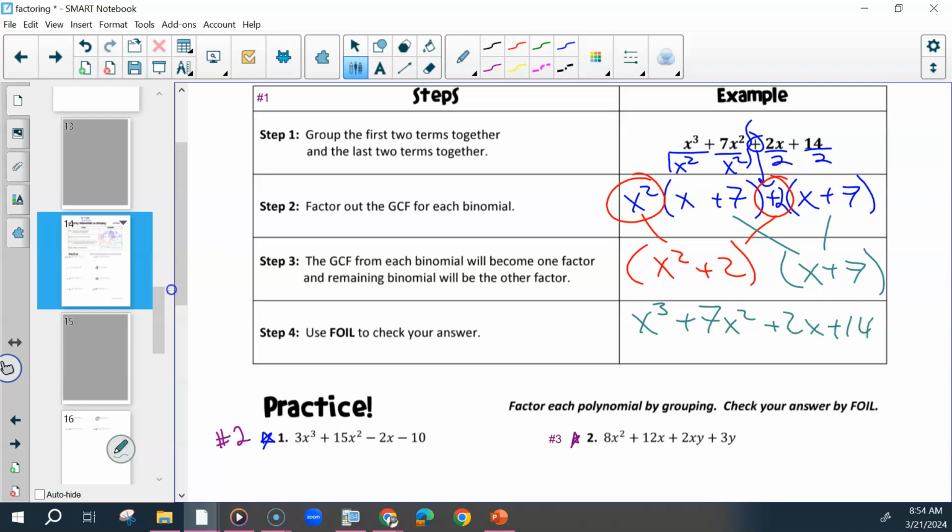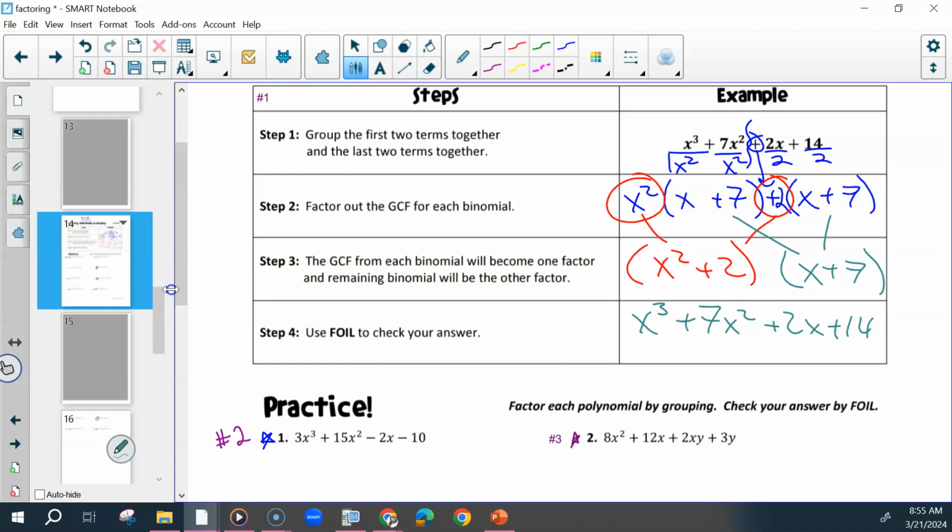And this is the original. Those match, so I know we did that right. Questions on the process? For step 2, for the positive 2 outside the parentheses, how did that get there? We divided both of these by 2, and this sign has to come down.